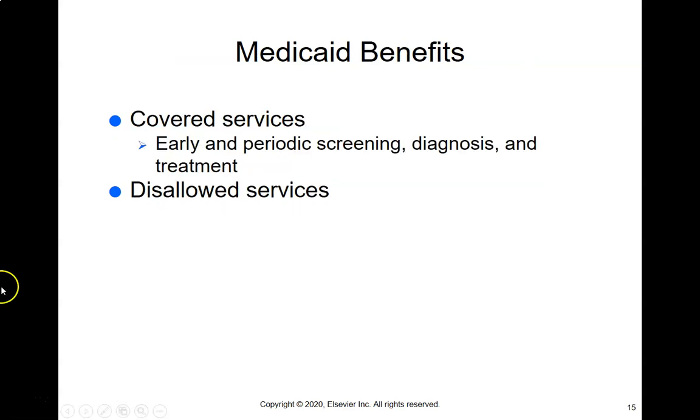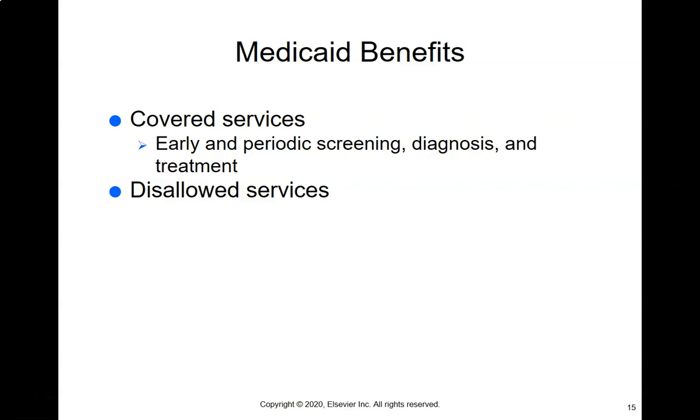Medicaid benefits. Covered services are reimbursable services under the state's Medicaid program. They consist of a combination of the mandatory basic benefits and optional services that the state may offer. The benefits could include early and periodic screening, diagnosis, and treatment.